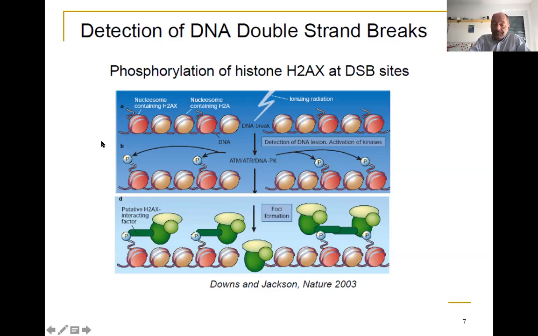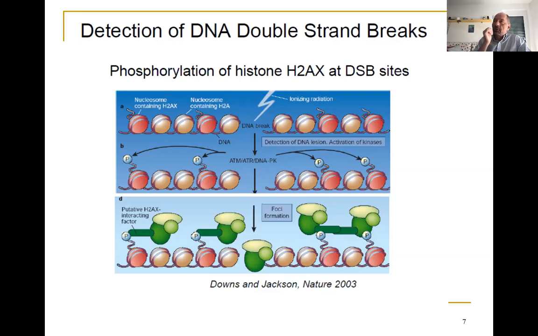In particular, three proteins are crucial here: ATM, ATR, and DNA-PK. We will see these proteins a little bit better, but ATM comes from ataxia telangiectasia. ATM stands for ataxia telangiectasia mutated.